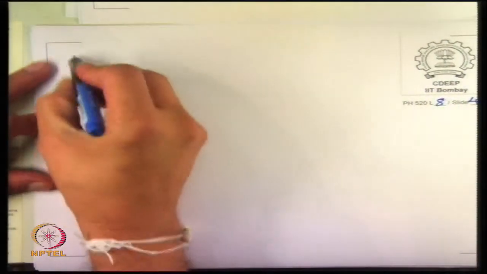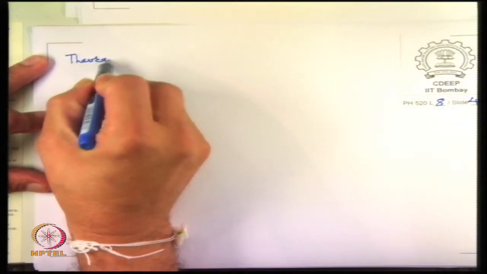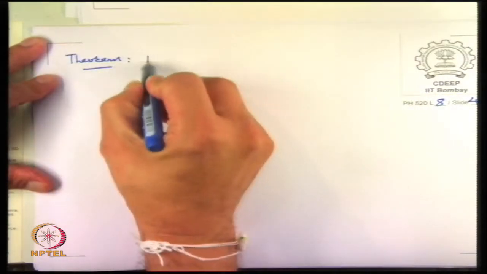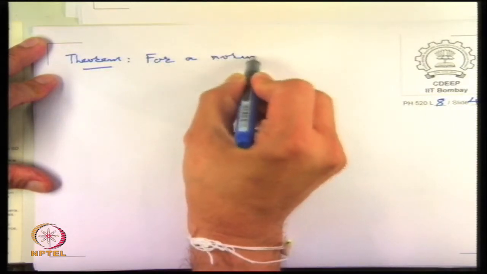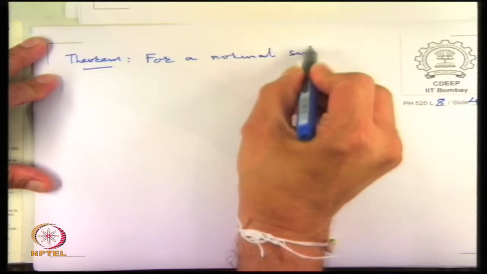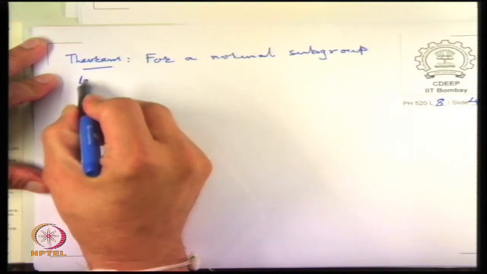So, we want to check two things. For a normal subgroup, left cosets are same as right cosets.